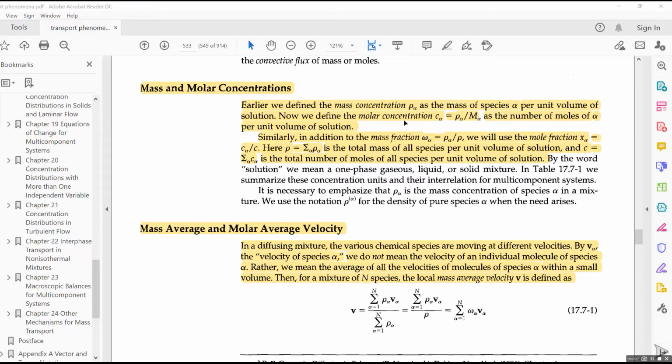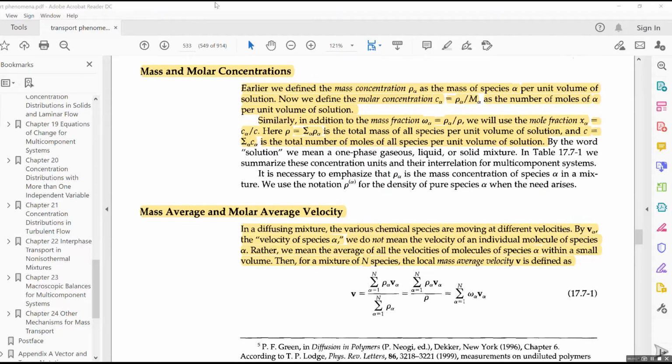We also define molar concentrations, and the relationship between the mass concentration and the molar concentration is given by this formula. Here M alpha is the molecular weight of species alpha. In addition, the mass fraction, as we defined before, W alpha for any species, is the density of species alpha divided by the density of the mixture.